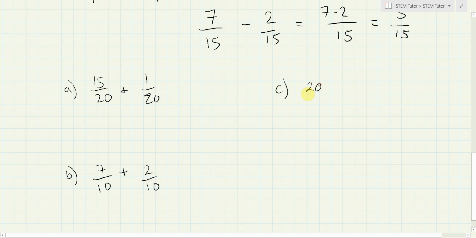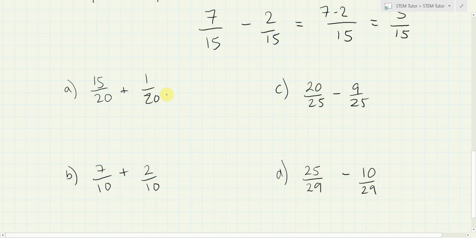C, 20 over 25 minus 9 over 25. And D, 25 over 29 minus 10 over 29. If you'd like to pause the video now, give yourself a chance to answer these questions, and then unpause, and then we'll go through the answers.